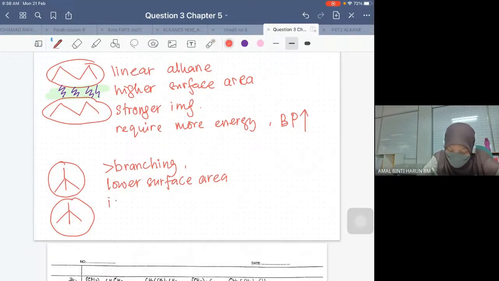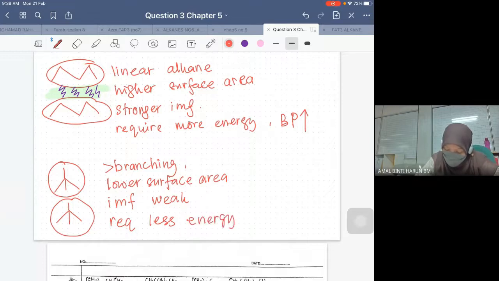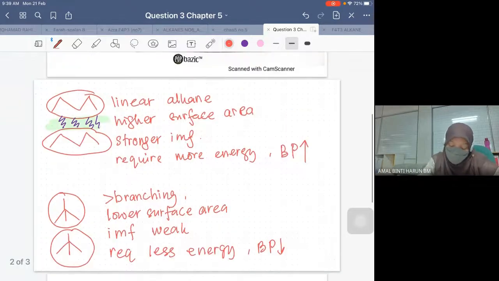So, intermolecular forces dia weak. Yes, intermolecular forces weak. Apa yang terjadi? Require less energy to overcome the intermolecular force. Therefore, boiling point dia akan rendah. Okay.